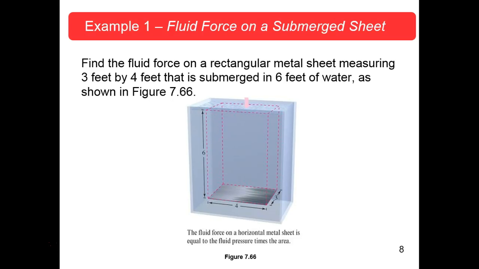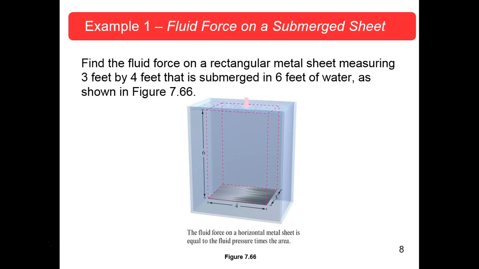So find the fluid force on the rectangular metal sheet measuring 3 feet by 4 feet, submerged in 6 feet of water, as shown in this figure. Okay, here's the sheet of metal.